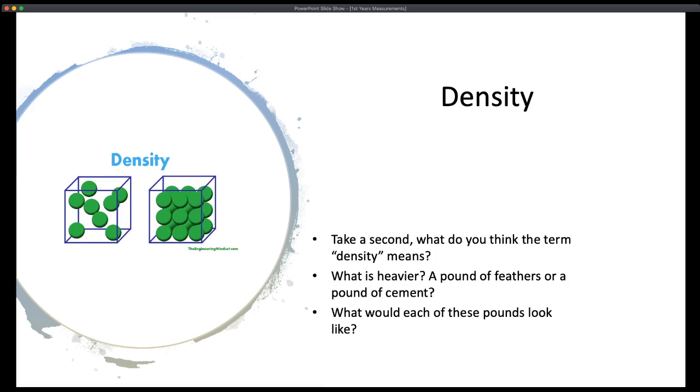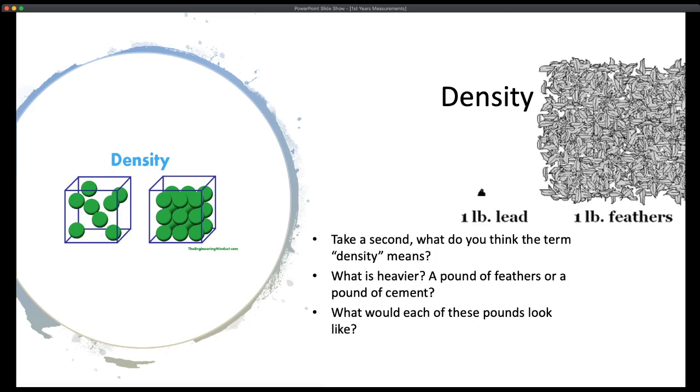If I have this little image here, 1 pound in lead or cement or whatever it is is going to look a lot smaller than this pound of feathers. To get a whole entire pound of feathers, you're going to need a lot more feathers than for cement or lead. So this is how we can think of density.